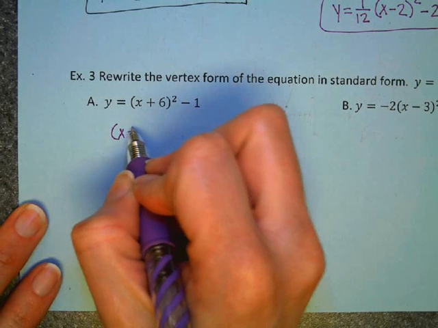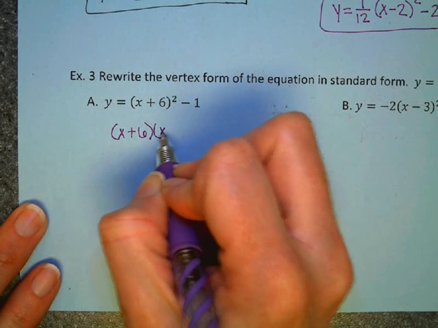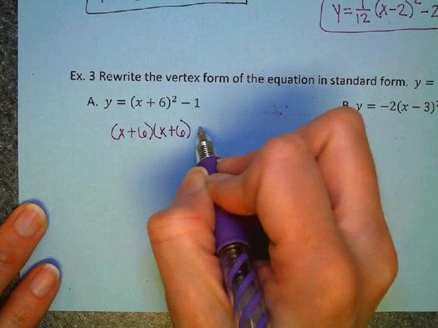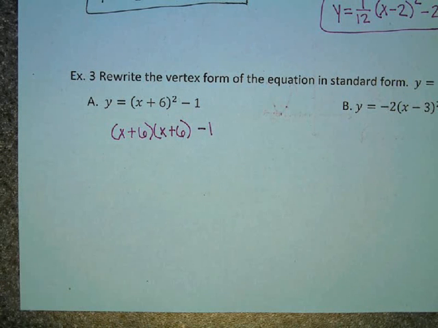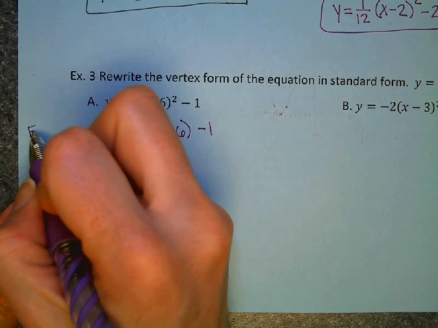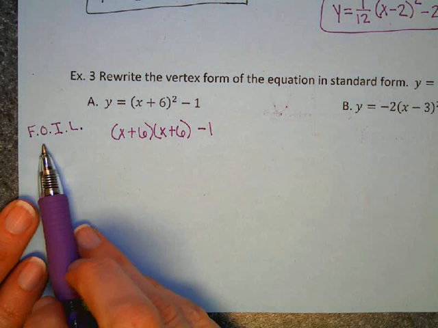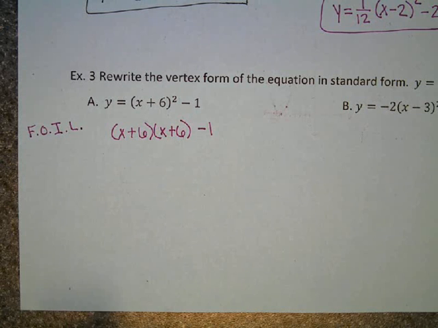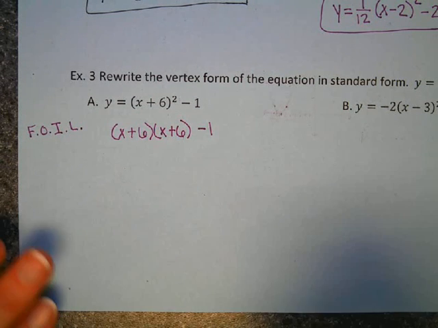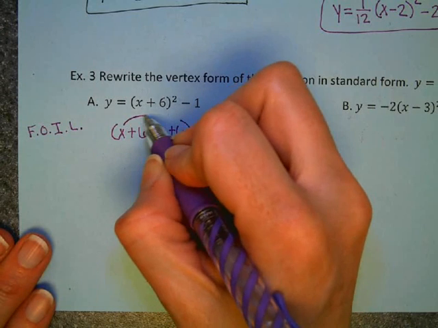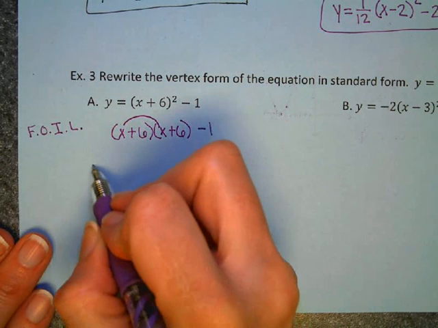With that, some teachers teach FOIL here, if you remember that from last year. It's first, outside, inside, and last. It's all a way just to apply these two parentheses together. I teach it just as distributing. So I'm going to distribute x times x, or the first one, to x squared. Then I distribute the x to the 6, or the outside ones, which is 6x.